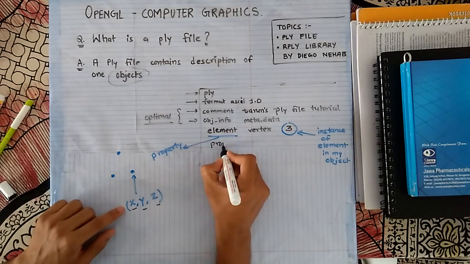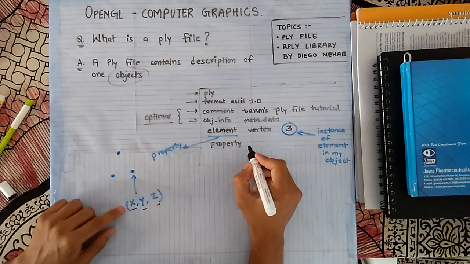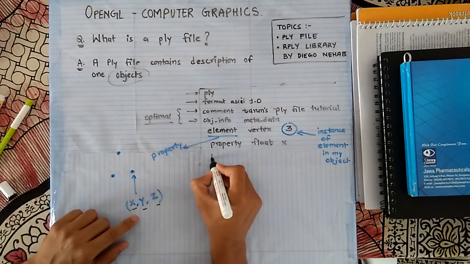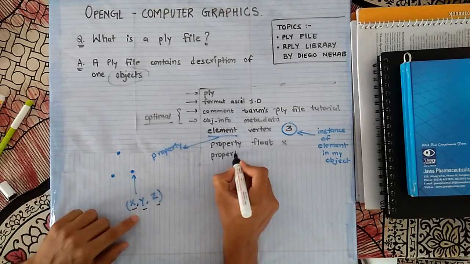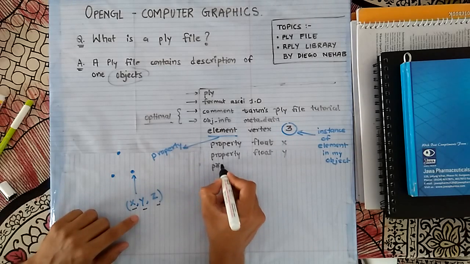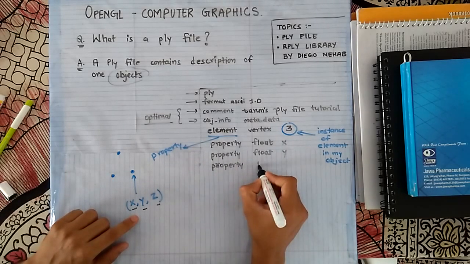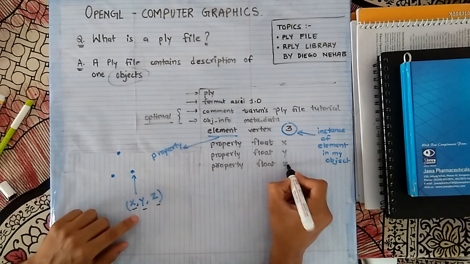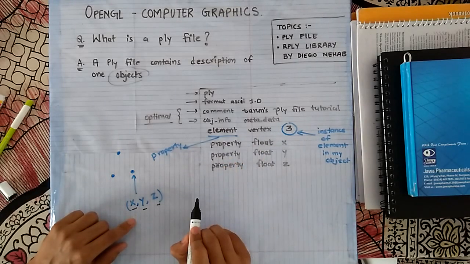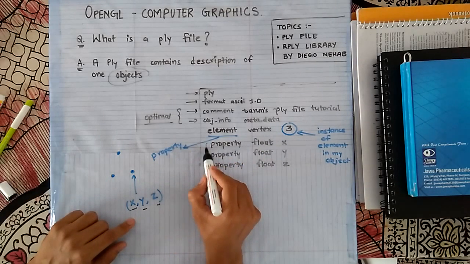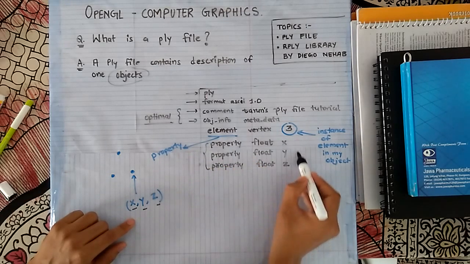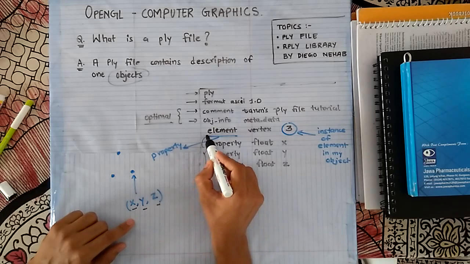So we will write property, I am taking these xyz as float, so property float x, property float y, and property float z. So any element of type vertex will have these three properties. You need not define how many properties you will be defining, because just after the element all the properties belong to just our element.